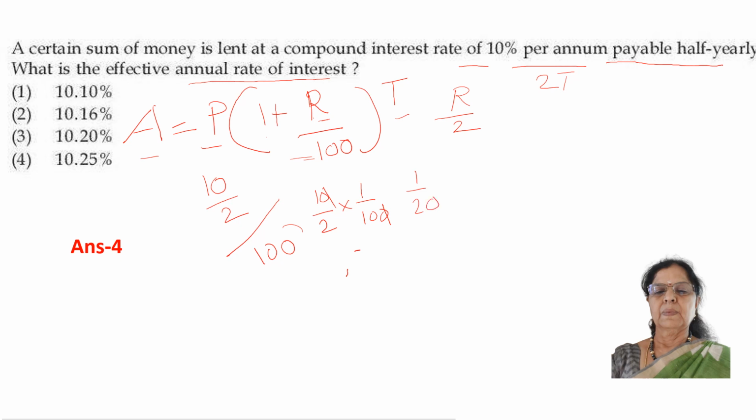Now you add 1 plus 1 by 20. How much will this become? 1 plus 1 by 20. The LCM is 20. It becomes 20 plus 1 is equal to 21 by 20.